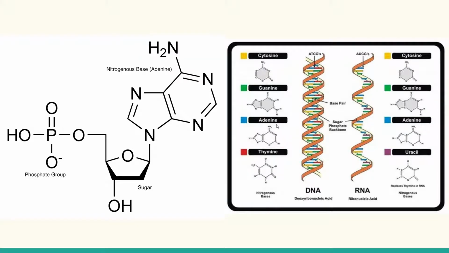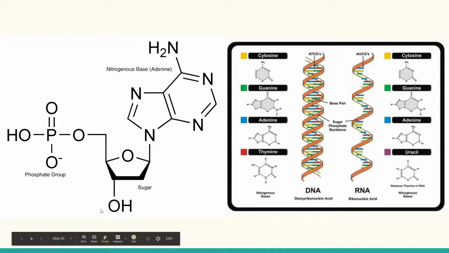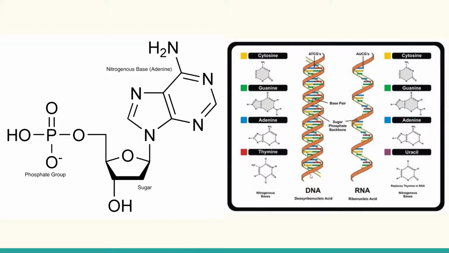So this looks pretty fancy and complicated. They all have the same phosphate group as we just talked about. They have a sugar, and then they have a base. So DNA inside of every single one of your cells right now looks like this. The backbone that we were talking about is pretty much this orange curly part that keeps going around.